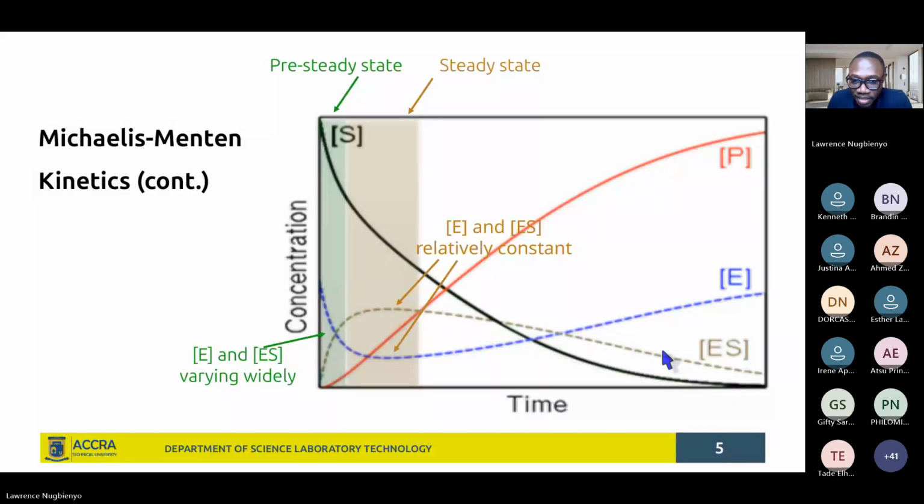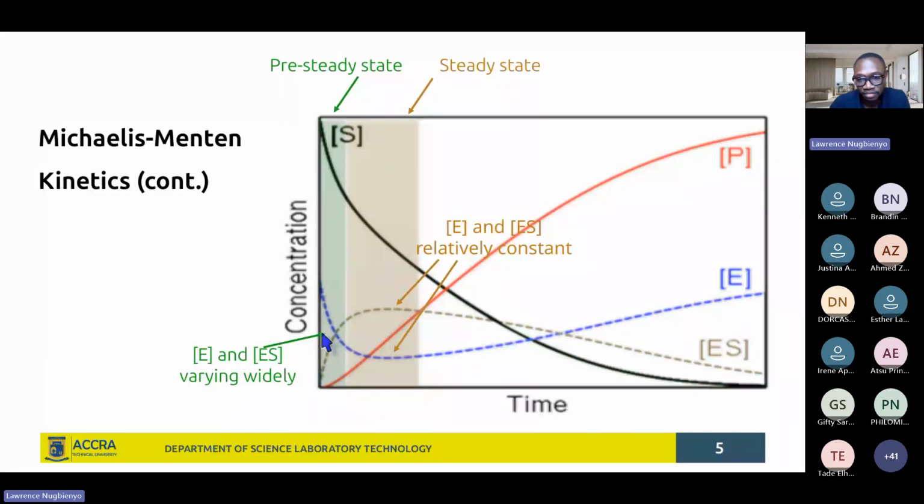Now, if you take a look at this behavior of the enzymatic reaction which we were looking at, you realize that there are different stages occurring. It is actually these specific stages that Henri and Victor did not particularly focus on.